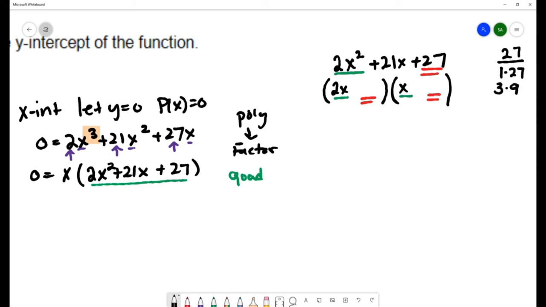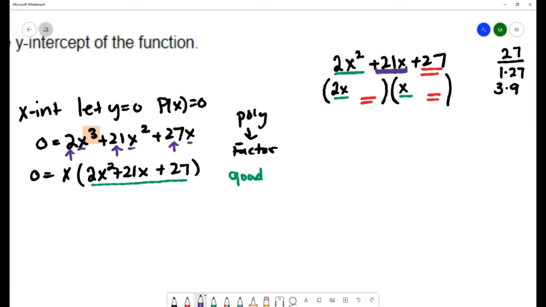There are not that many, so that's okay. What we want to do is guess which one of these is going to work. And then in the middle, we have this 21, and we need to make sure that whatever numbers we pick are going to make the right number in the middle.